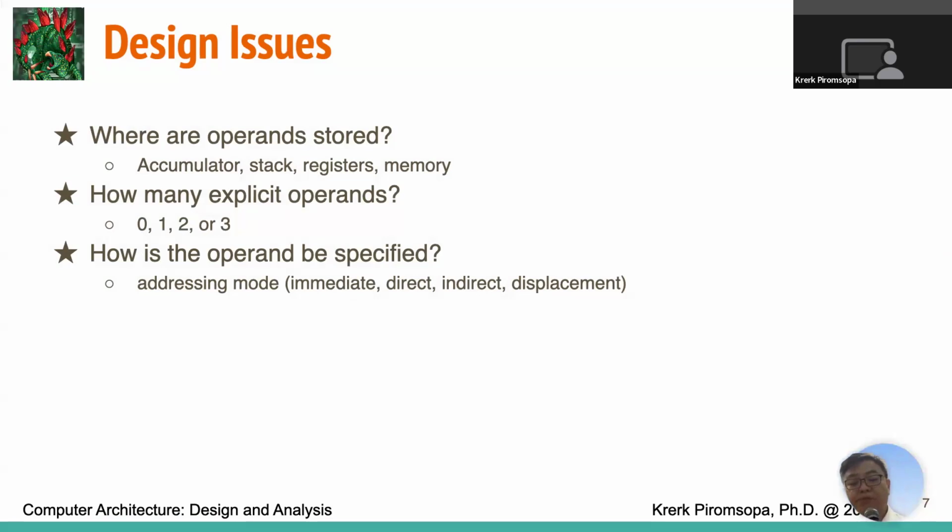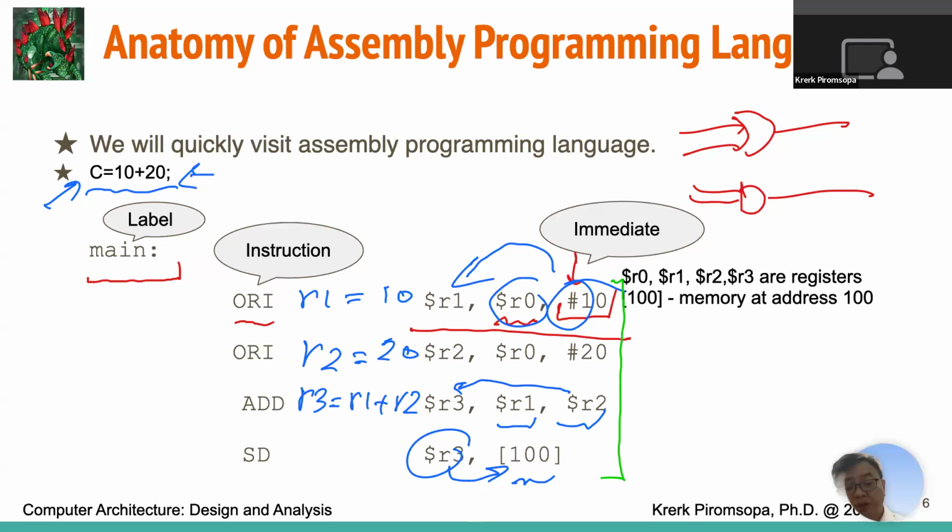So when we have to design new instruction sets, there are several things that we have to think about. Like, oh, what kind of instruction should we put inside the processor? What kind of instruction do we need for our processor? How many registers or operands can we specify in an instruction?